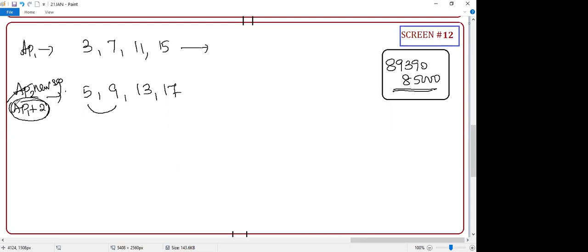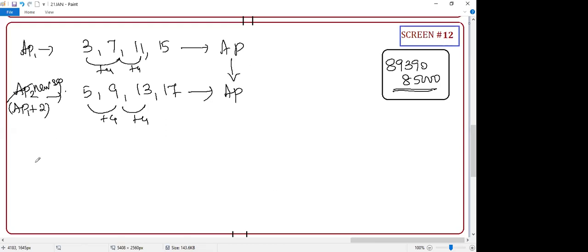Plus 4. So what do you understand here? This is also AP. This is one of the very important properties in your JEE level questions. When you are adding a common number to all the terms in an AP, the resultant sequence is also AP. Are you clear? This is AP to AP.